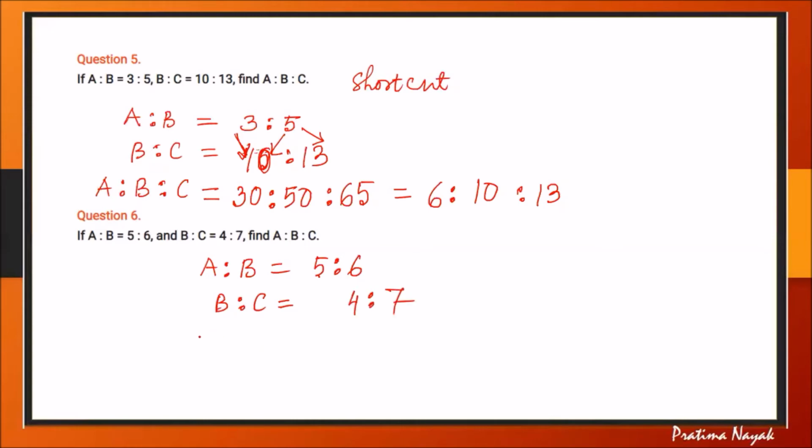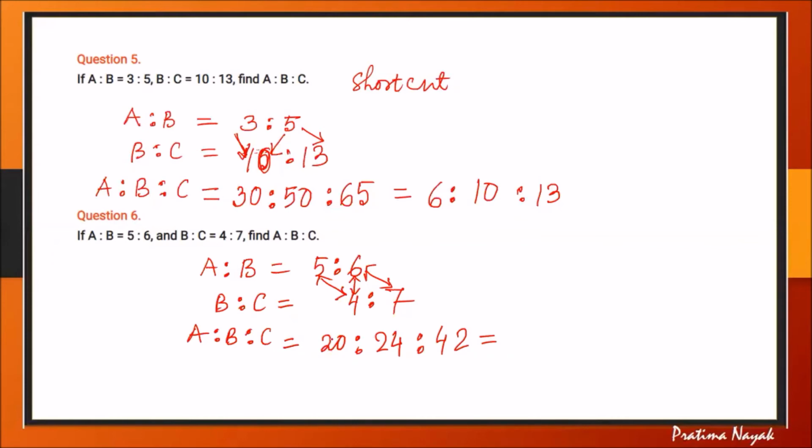So I'll write A is to B is to C is equal to, first 5 multiplies 4, 20, then 6 multiplies 4, 24, then 6 multiplies 7. It will be 42. Now cancel with a common factor.